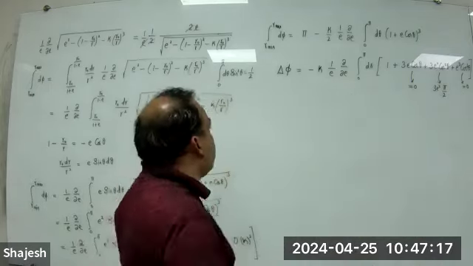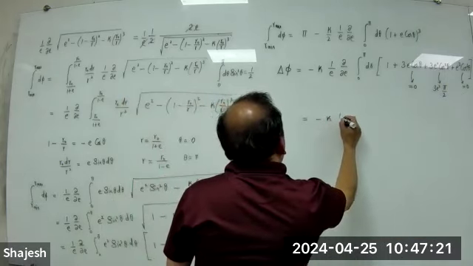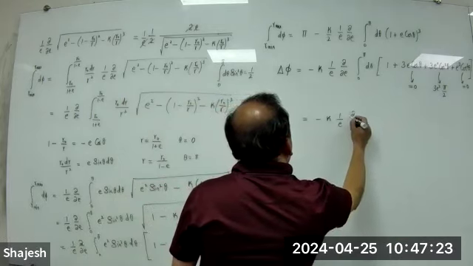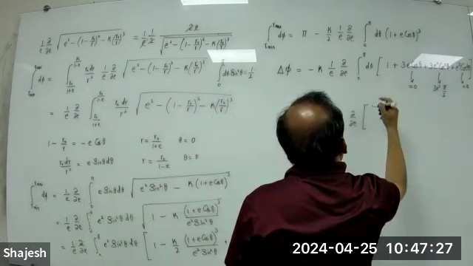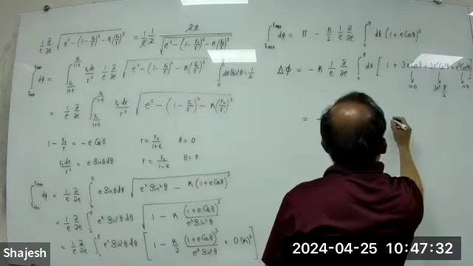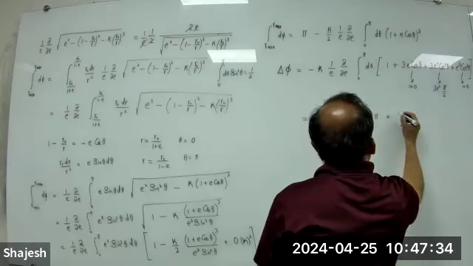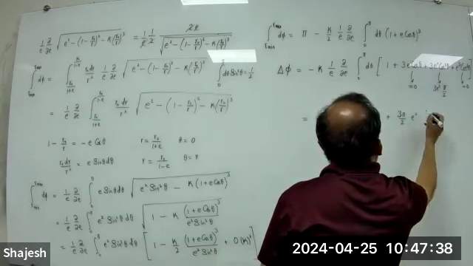So what we have is minus kappa, 1 over e, partial derivative with respect to e. This integral is pi, and this one is plus 3 pi by 2 e squared, and that's it.